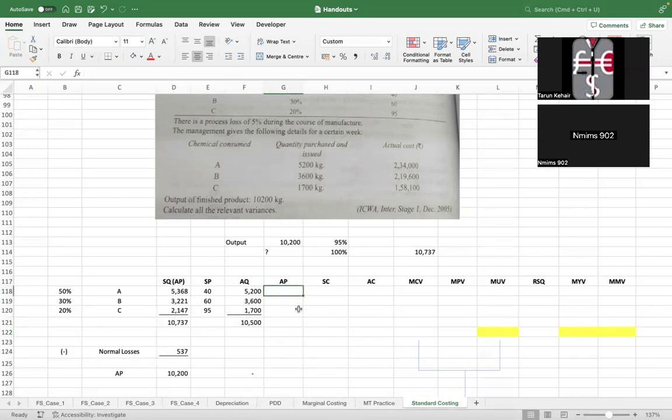What are the actual prices? Actual prices are not given to you, but you are given the cost and the units. So if you divide cost by units, you will get your prices. That is 2,34,000 divided by 5200, 219,600 divided by 3600, and 158,100 divided by 1,700. So these are your actual prices. Clear, no?